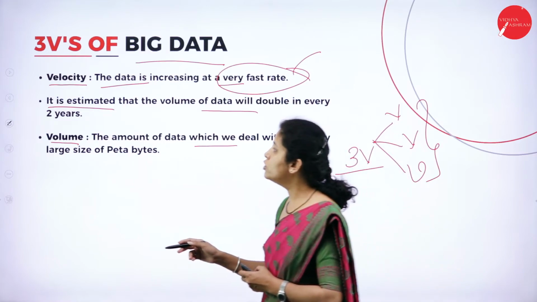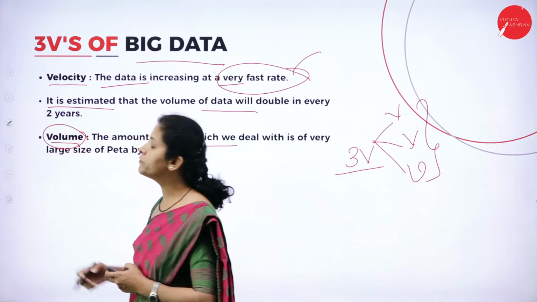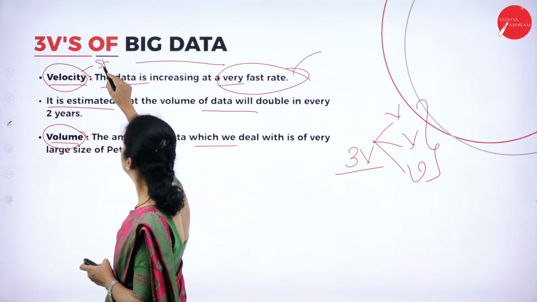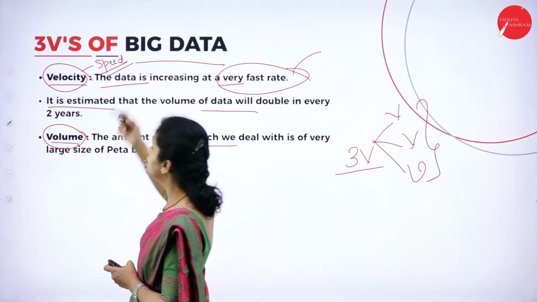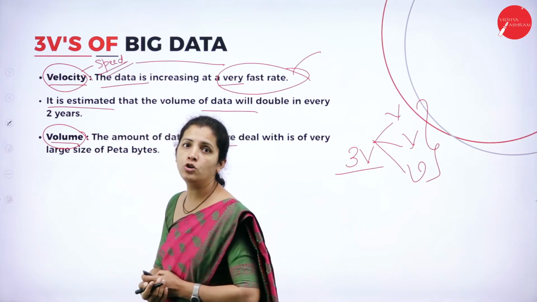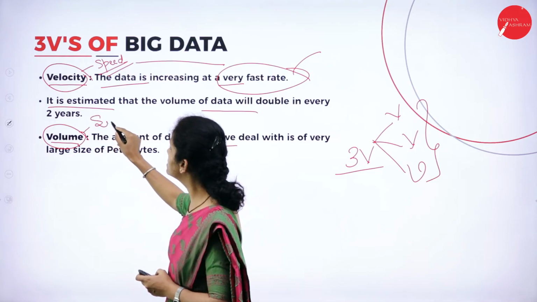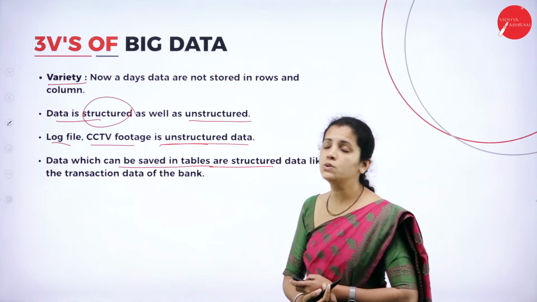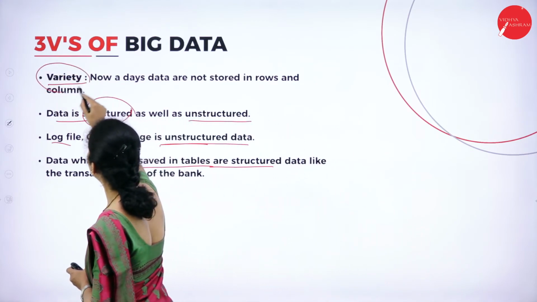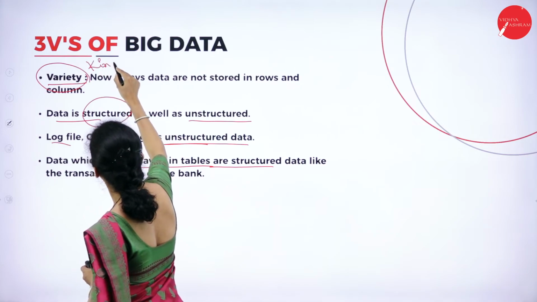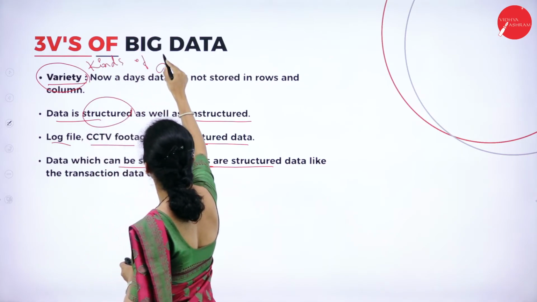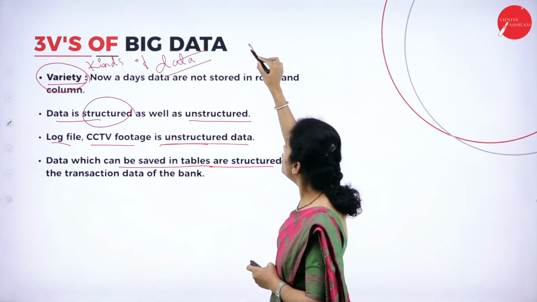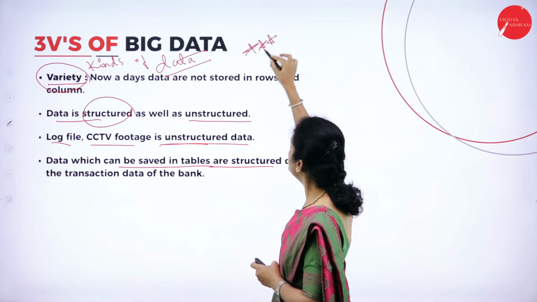Volume is nothing but the size of the data. Velocity is data generation speed, whereas volume is the size of the data. And variety is nothing but the different kinds of data. So dear student, from the examination point of view, this is also a very important topic.